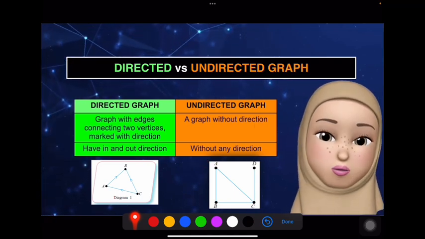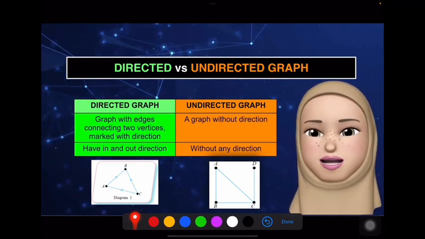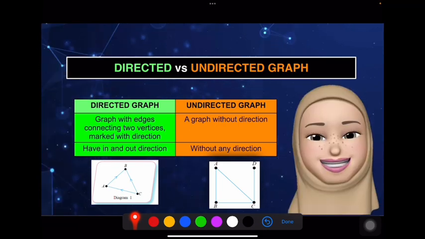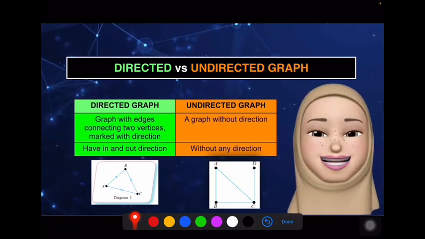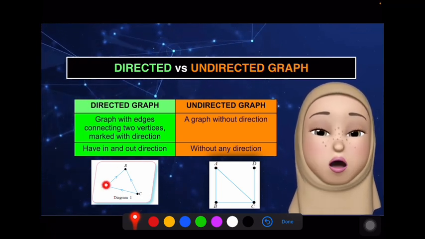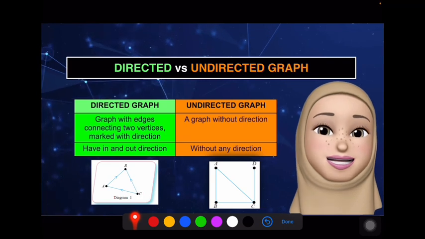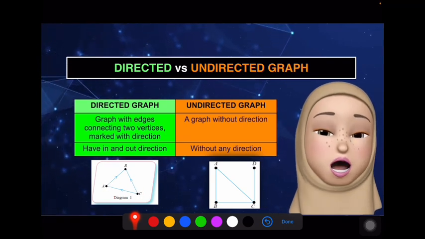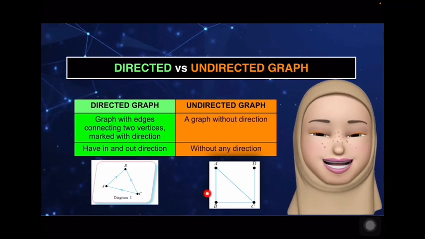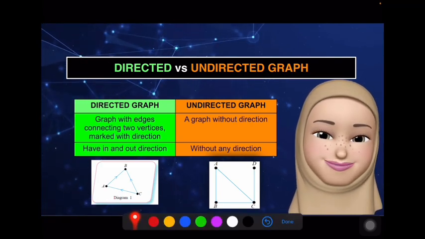So there is no arrow put in the undirected graph. Secondly, for directed graph, it has in and out direction, depending on the arrow direction. But for undirected graph, we don't have any arrow, so without any direction.